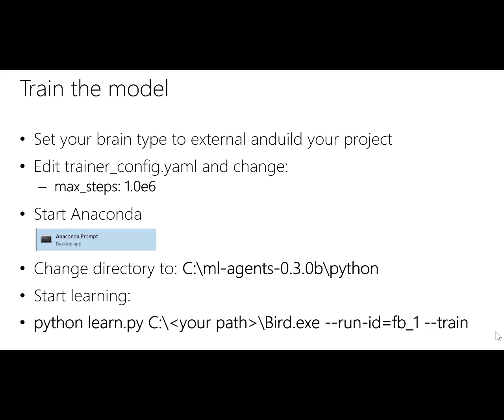Then you start the Anaconda command prompt, and you go to the directory where you download the Unity machine learning agents, to the Python directory, and then you start learning. Python learn.py, and the path to the executable, give it an ID and use the train parameter.